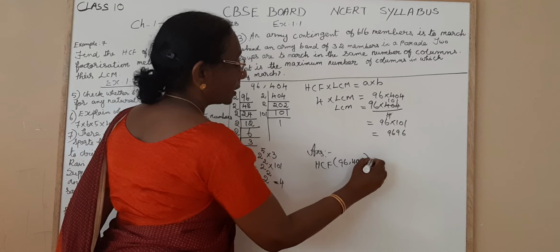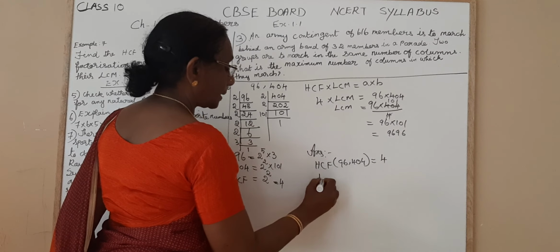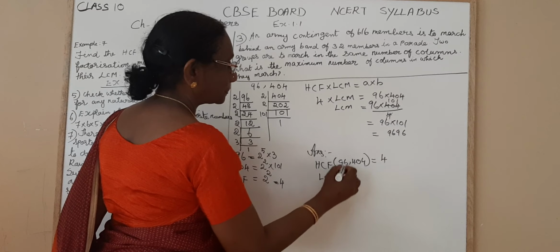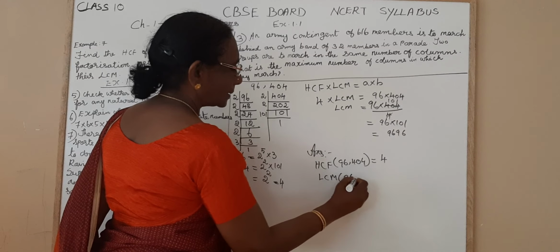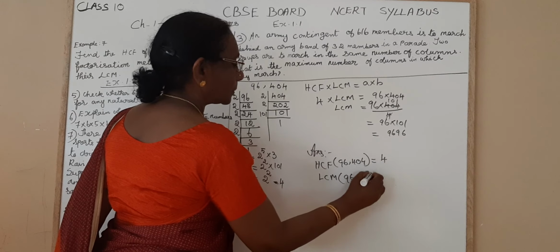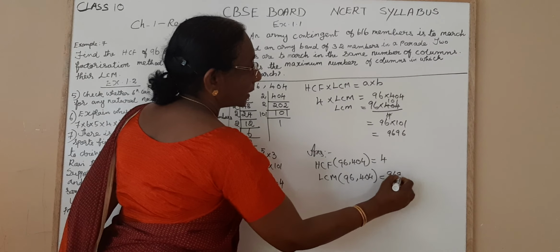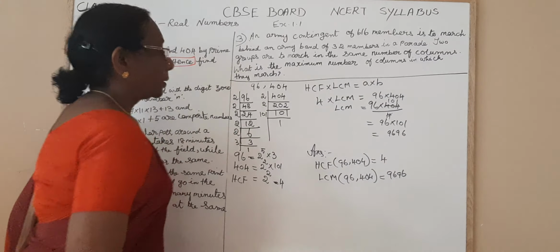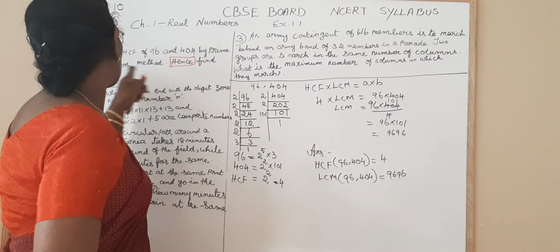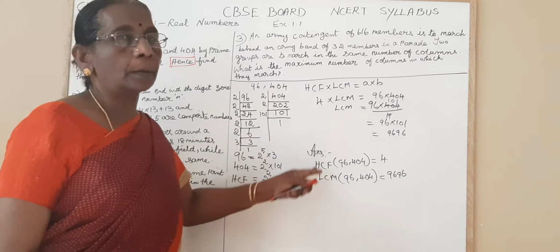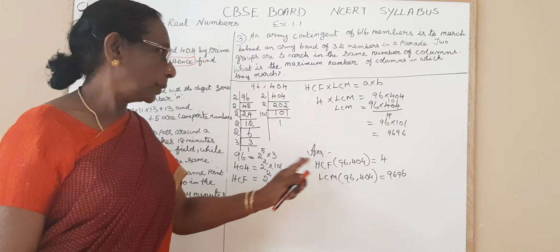Then second question, LCM of 96, 404 is equal to 9696. Since the word hence find the LCM is given, you are applying this formula.